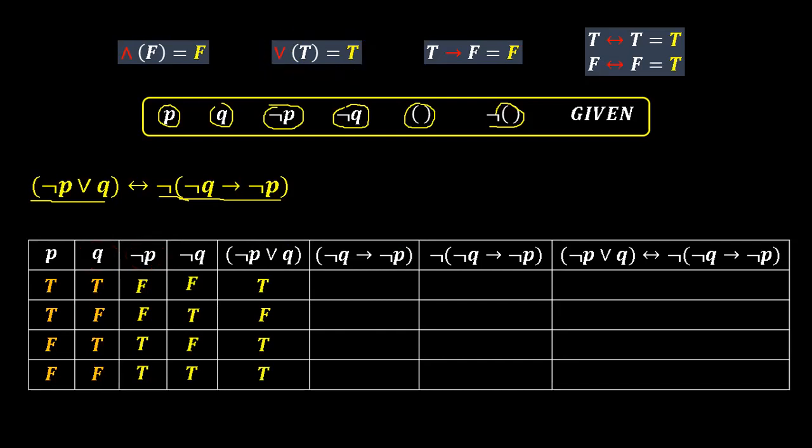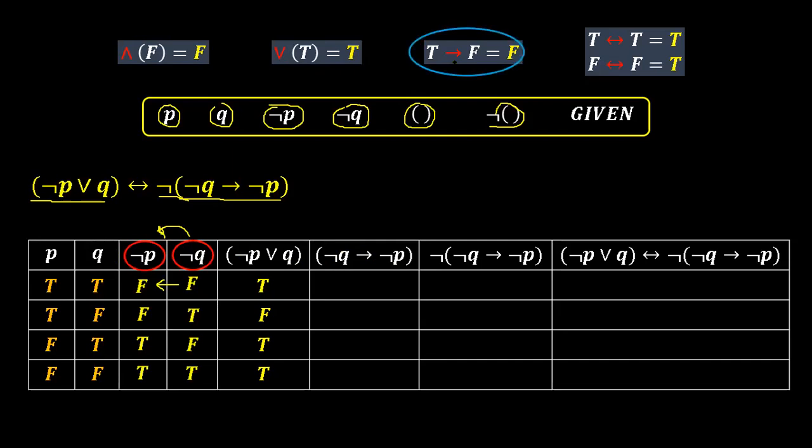Okay. So on the sixth one, that is not Q. Where is not Q? Here. You have not Q here and not P. But take note that not Q is your hypothesis. So the arrow goes like that. So we will have it as if F, then F. So that is still true.